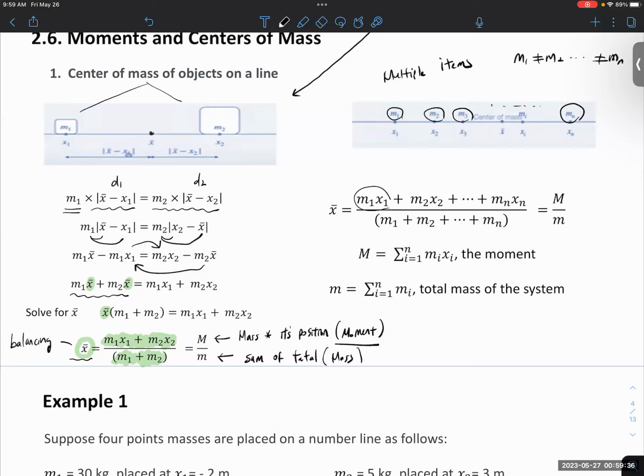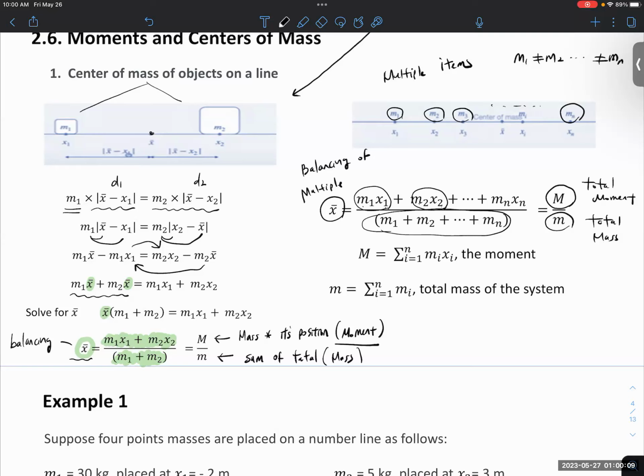Because m1 times x1, you're going to keep multiplying mass times its distance, mass times its position. So this is the total moment. And then you're going to divide it by the summation of the masses. This is the total mass. So if you have total moment divided by total mass, you can find the balancing point of multiple items. Does it make sense?